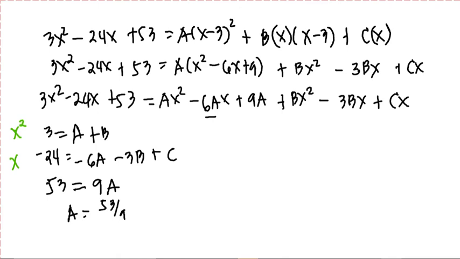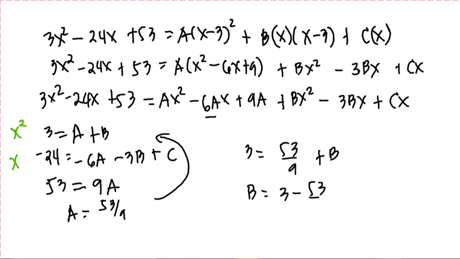Okay, so next, pwede mo na dayon makuha ang values ng imong nga b if we substitute the values ng aton nga a sa aton nga equation. So substitute natin, we will have, so 3 is equal to 53 all over 9 plus b. So we have b is equal to 3 minus 53 all over 9.